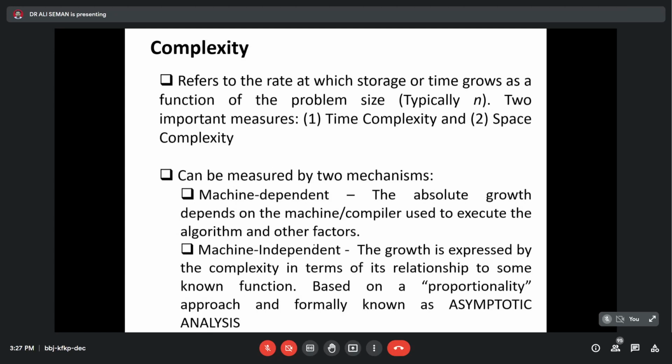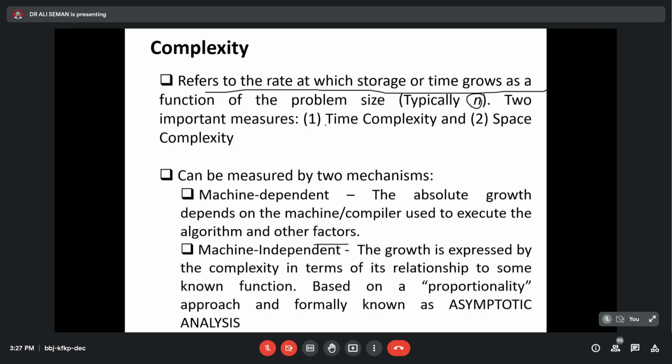That's why we cannot measure complexity based on the source code, as the problem is quite abstract. So complexity refers to the rate at which storage or time grows as a function of the problem size, typically denoted as n.